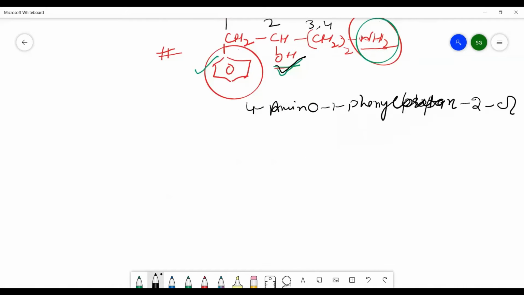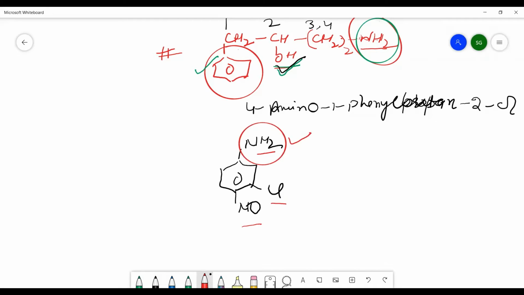Now another compound you may take, suppose you are having such a compound with NH2, Cl and NO. Now we have 3 groups. So NH2 will have the preference, so the compound will become aniline. Your principal functional group is NH2, and this is the parent chain. So Cl and NO both are substituents.